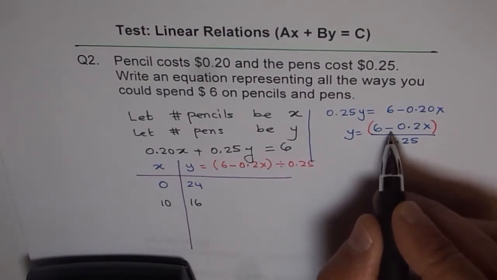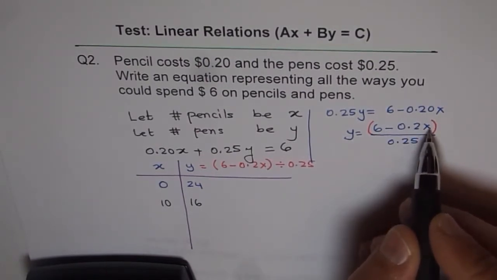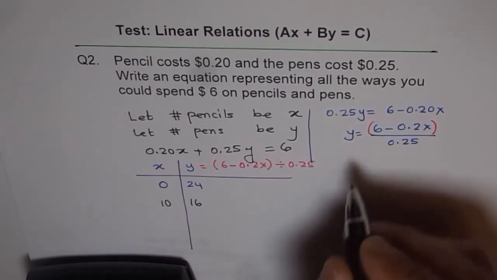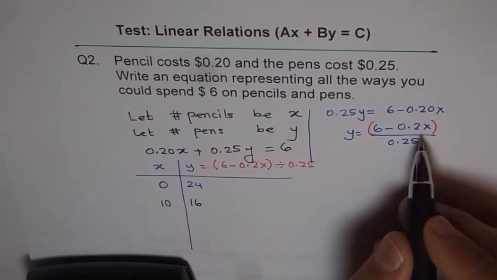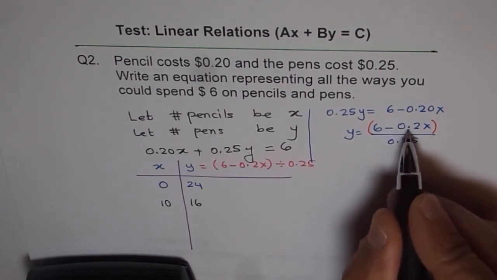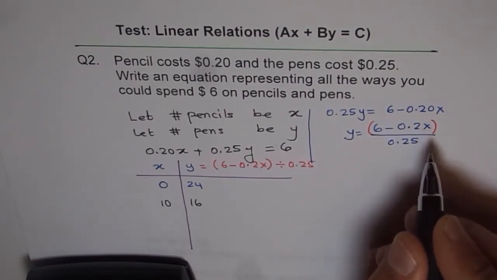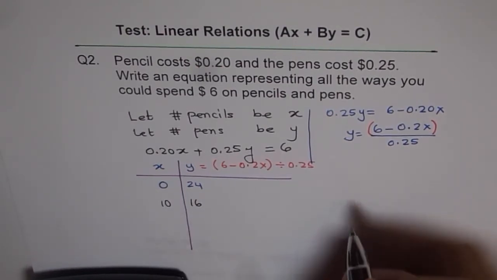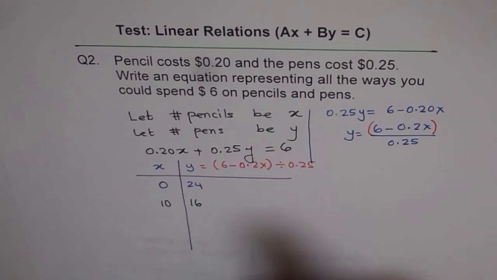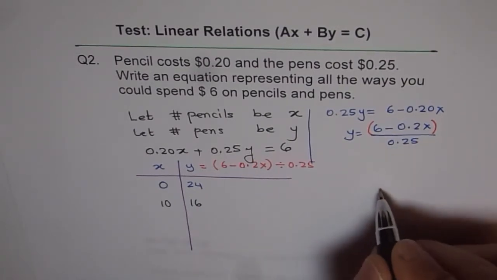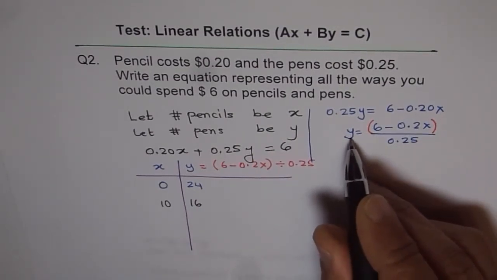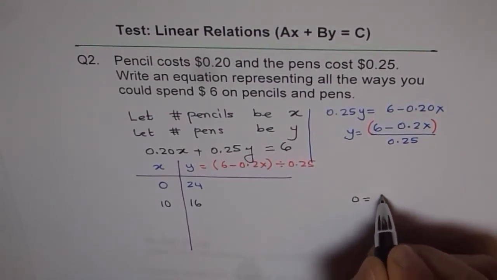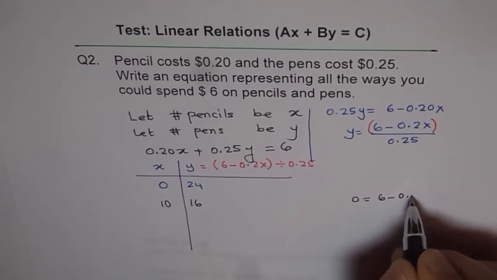So let us find when y is 0. If I write y equals 0, then 0 equals 6 minus 0.2x.